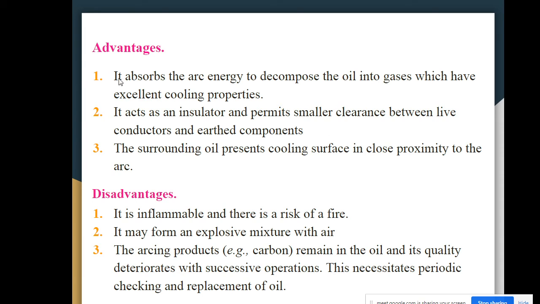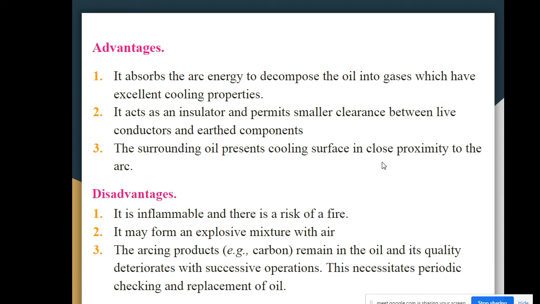The surrounding oil presents a cooling surface in close proximity to the arc, between the contacts of the circuit breaker. So that is the advantage of this oil circuit breaker.